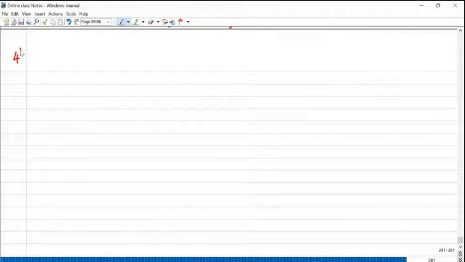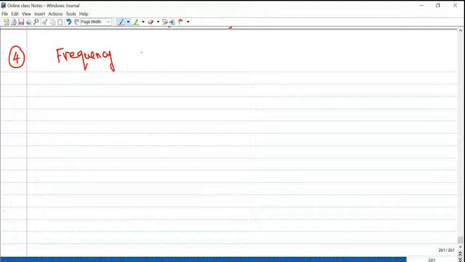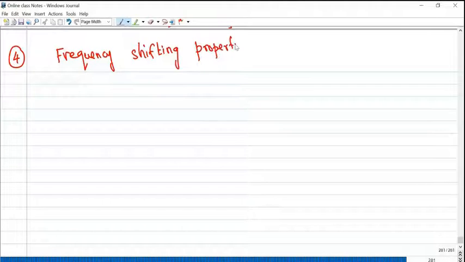Fourth one, frequency shifting property. Time shifting property we already discussed. Now, frequency shifting property.